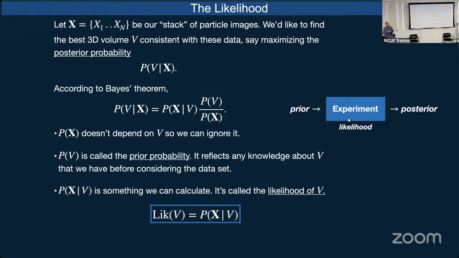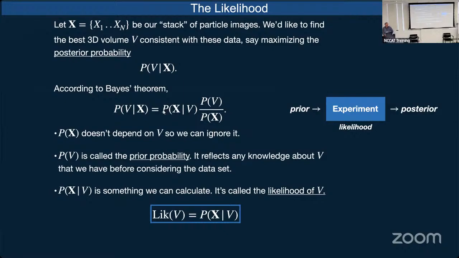That is, we take our images with the electron microscope, and we get something called the likelihood out of that. And from the combination of those two, we get the so-called posterior probability, the probability of volumes based on all of this information. And this is how it works. This is the posterior probability. This is the likelihood that comes from the experiment, and this is the prior probability, which is a priori knowledge that we have about volumes.